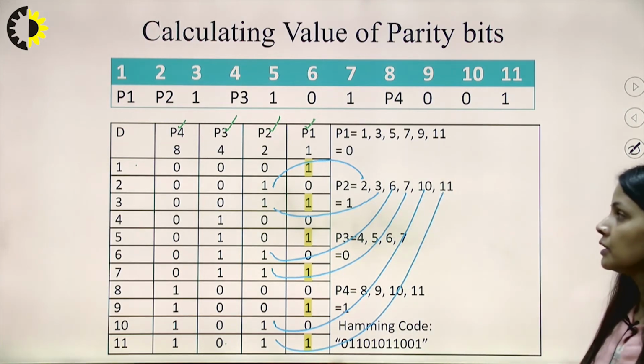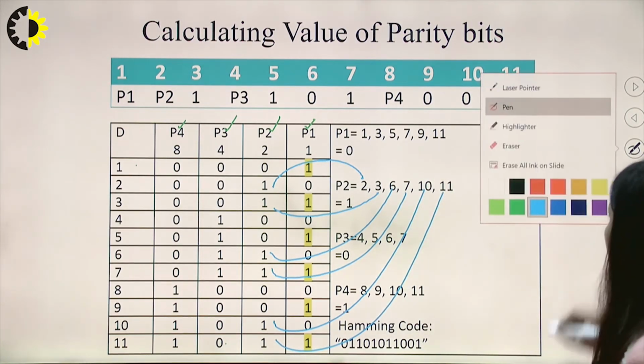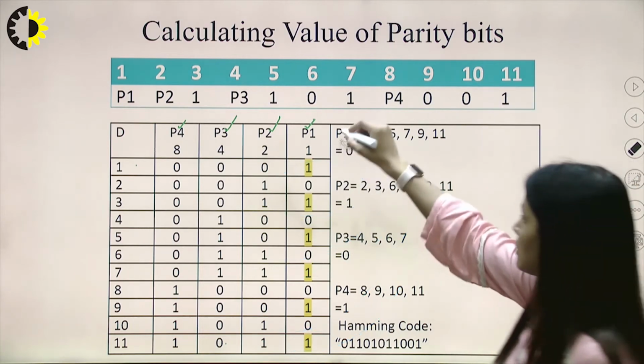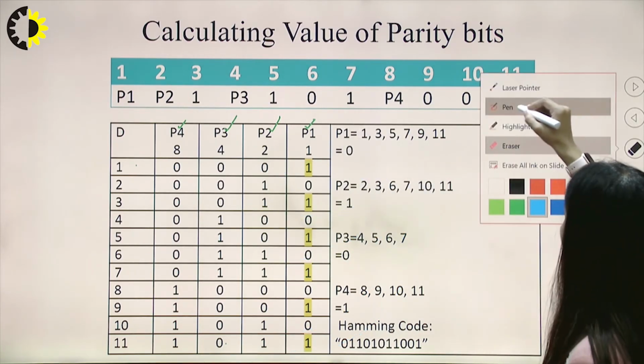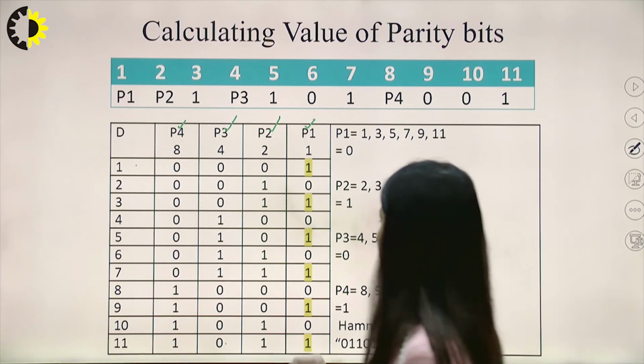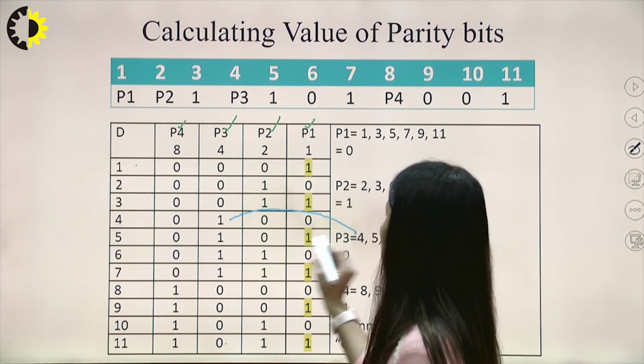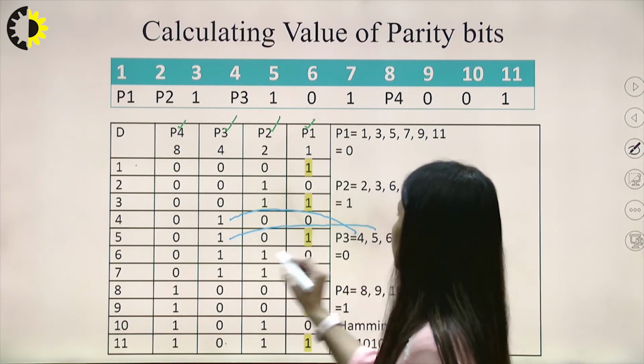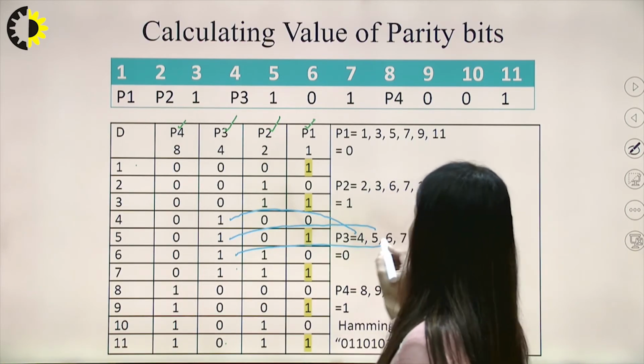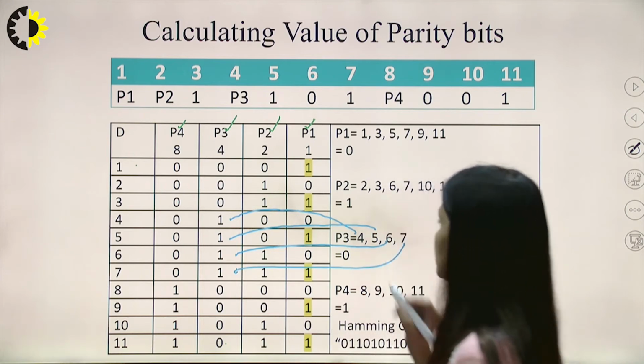Okay. Similarly, I will write for P3, right? So P3 is for 4, 5, 6, 7. Okay.